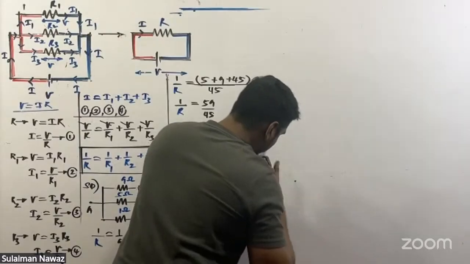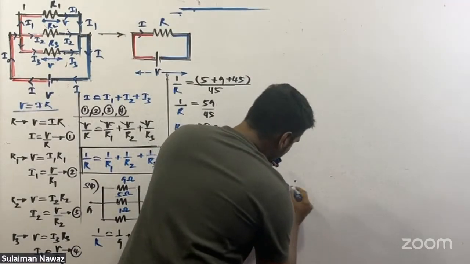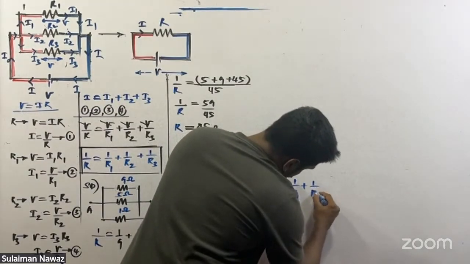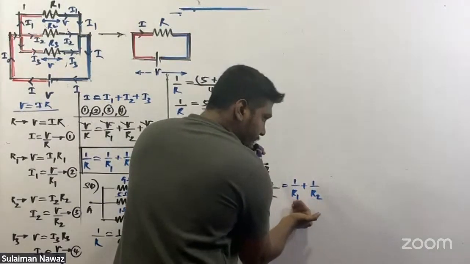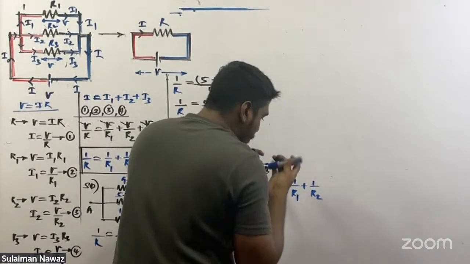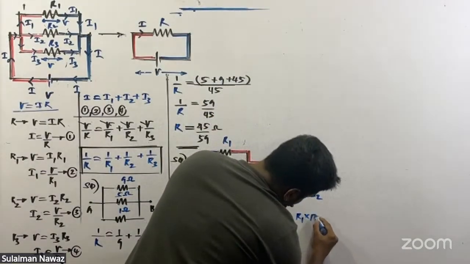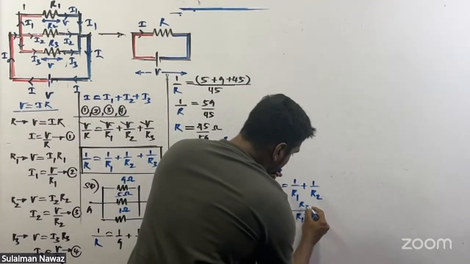The common denominator is R1 into R2, and the numerator is R1 plus R2.